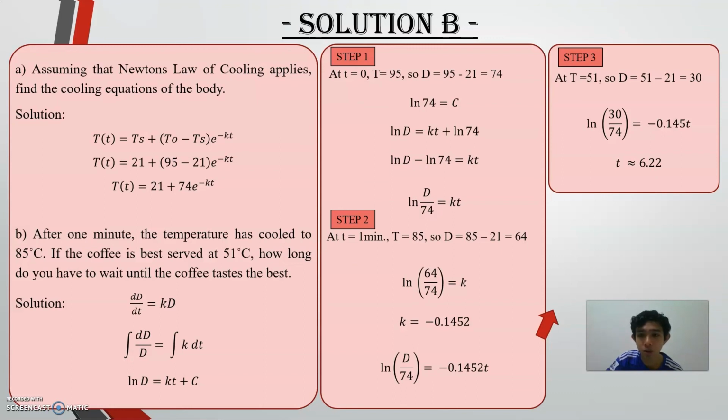So just insert T equals 51 and D is 51 minus 21, into the equation ln(D/74) = -0.1452 t. So we get t equals 6.22.